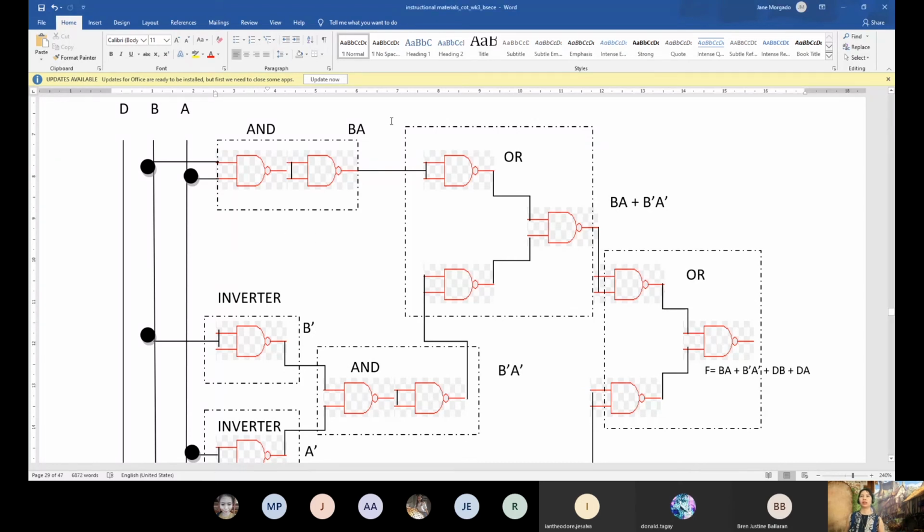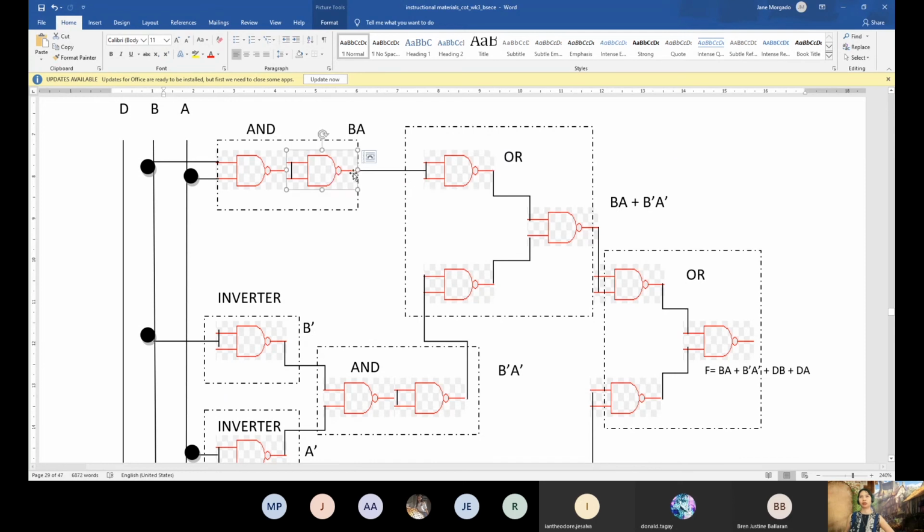So we have this initial conversion. The next step is that when you see double inversion, like this one, this is equivalent to an inverter. This is also an inverter. If you have two inverters in cascade, one after another, you simply cancel them out.